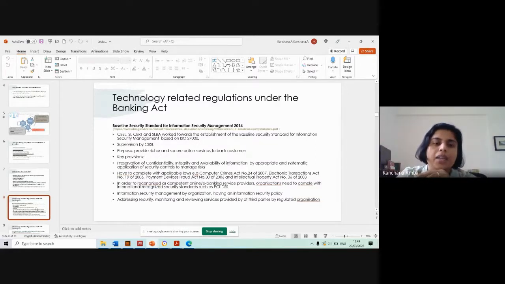It was brought in 2014 and is implemented through FinCert, which used to be called Bank CSERT. It focuses on enabling banks to provide richer and secure online services to customers, and part of that is to ensure that the systems are safe.